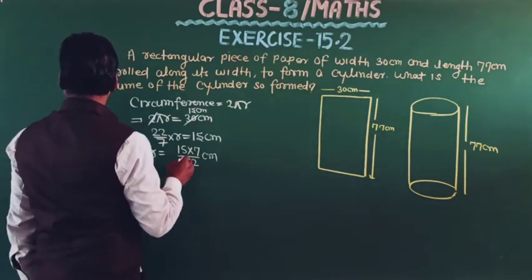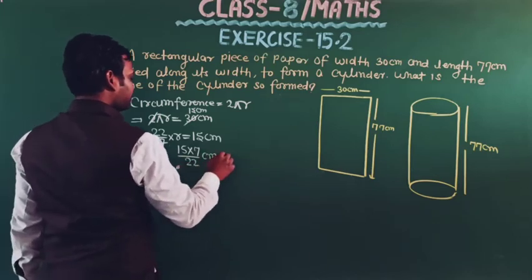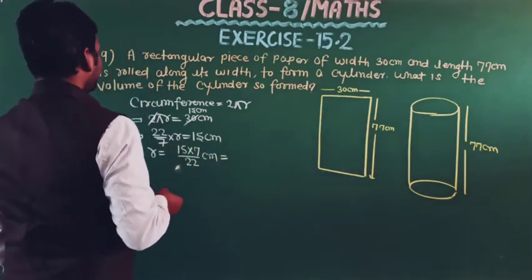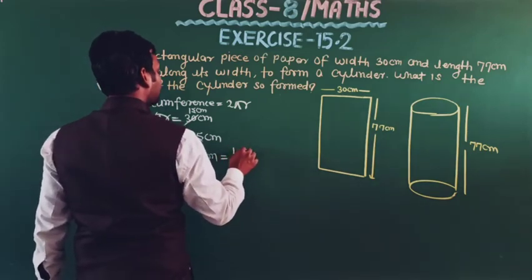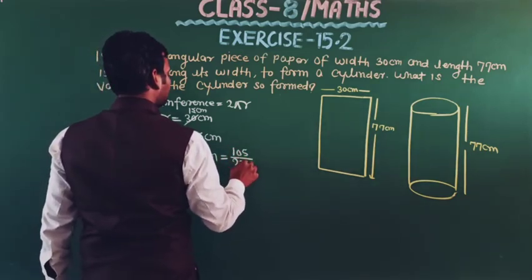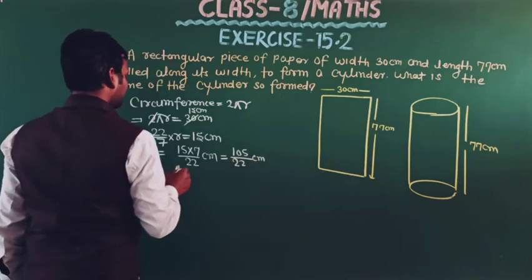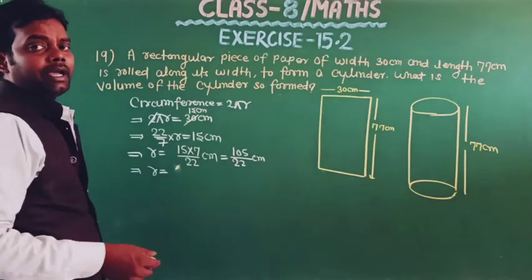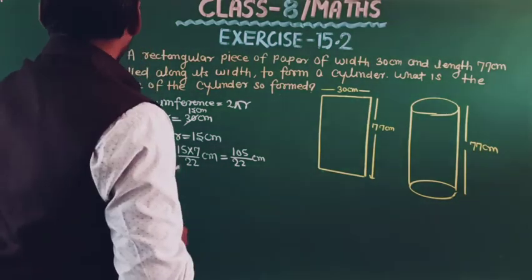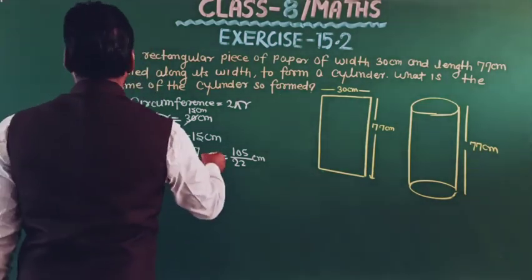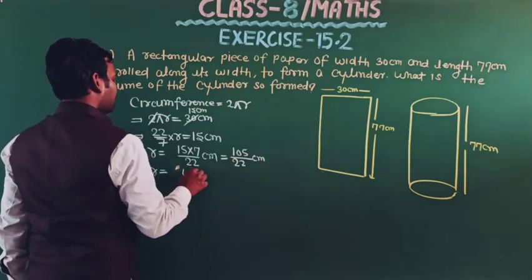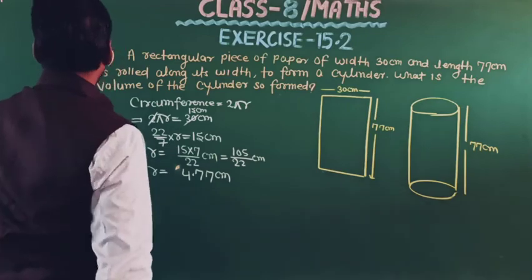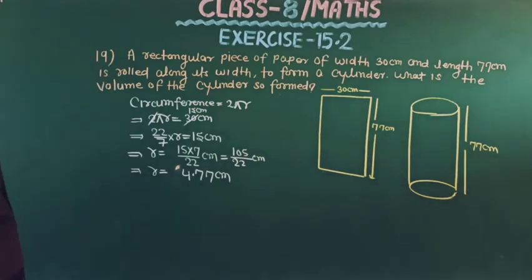Now multiply 15 by 7. We will get 105 by 22 centimeter, and r equals 105 divided by 22, which gives 4.77 centimeter.